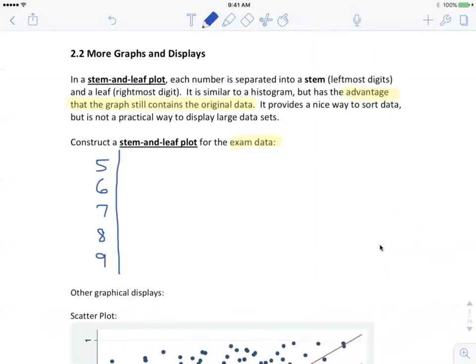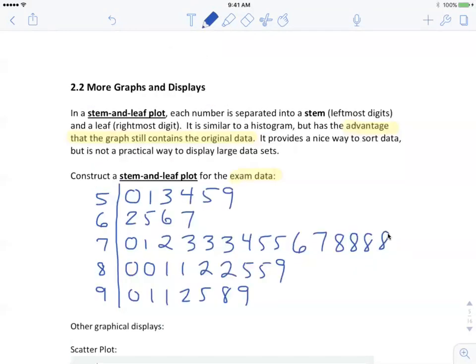And then you're just going to list the last digit on all those exam scores. So for example, in the 50s, I'm just going to list them all. Okay, so let me pause and I'm going to complete it and then we can talk about it, so you don't have to watch me and get bored.